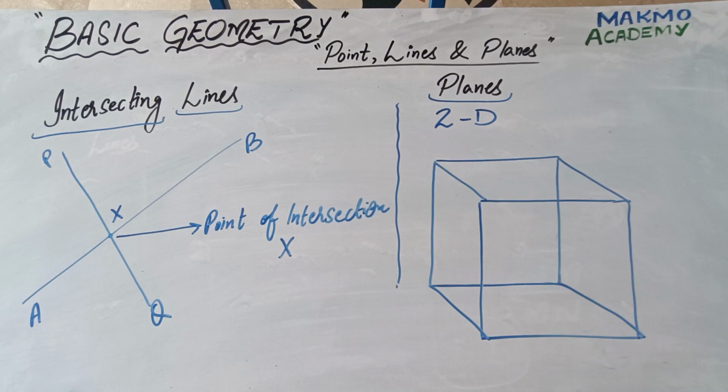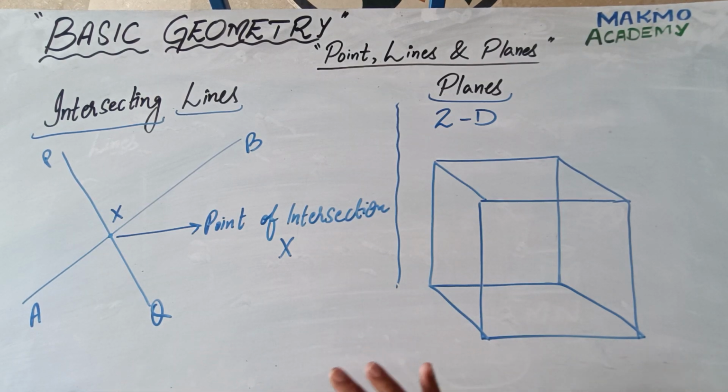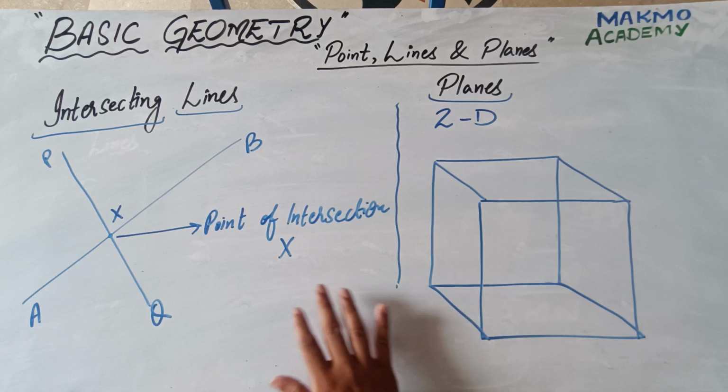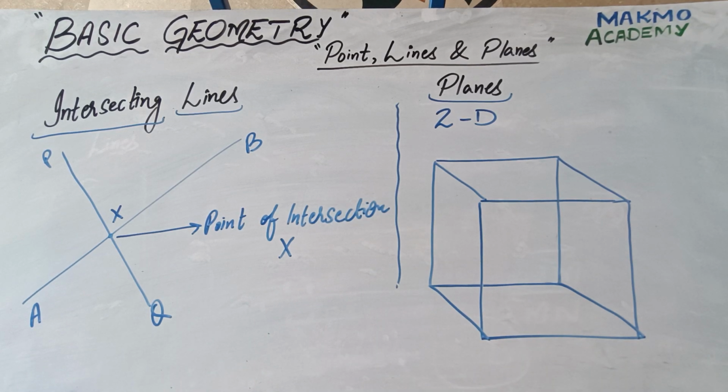The examples of a plane are the floor of the classroom, the board, the whiteboard. We are not talking about the thickness of the whiteboard, we are just talking about the surface on which we are doing the working. And the wall, these are examples of a plane. A surface which is not flat is called a curved surface, and it does not form part of a plane.